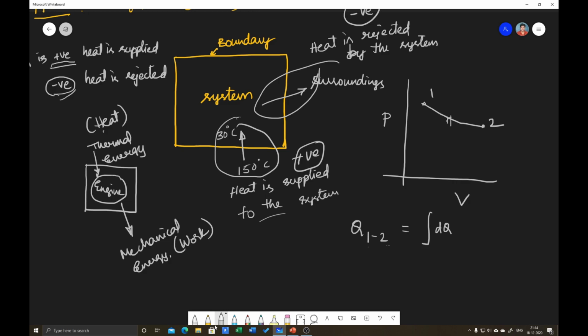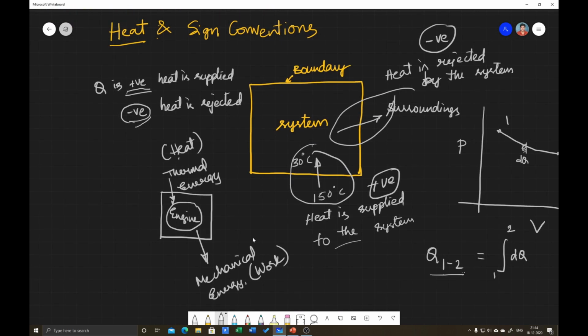That means, suppose this is a small amount of heat dQ, so the total amount will be the integral of dQ, with integration from 1 to 2. This is the formula for heat transfer, and these are the sign conventions. Whenever heat is supplied, it is positive. Whenever heat is rejected, it is negative.